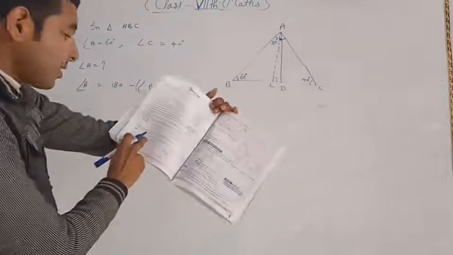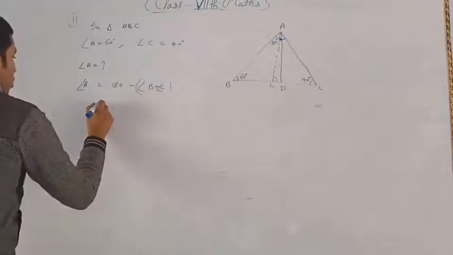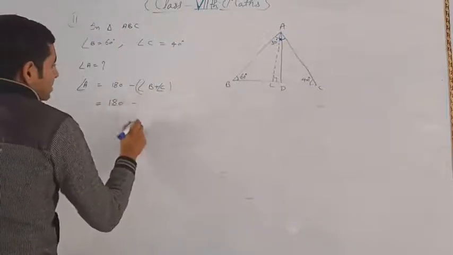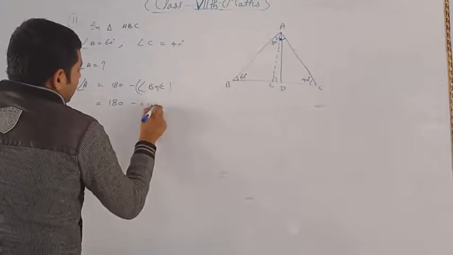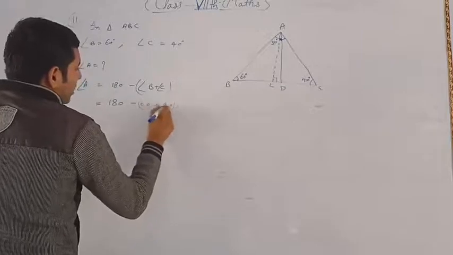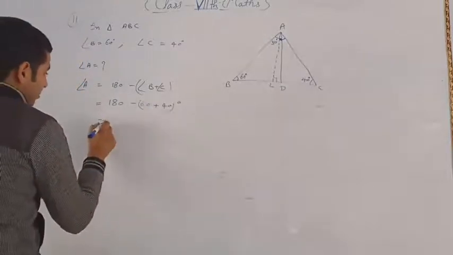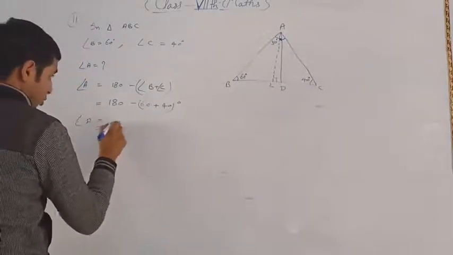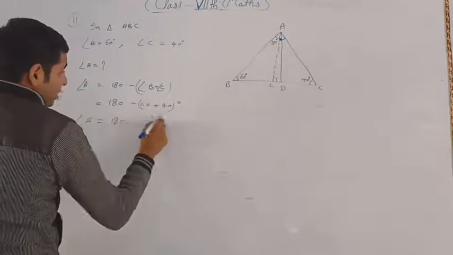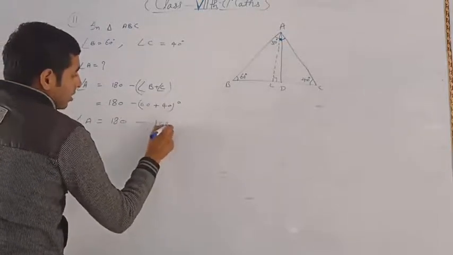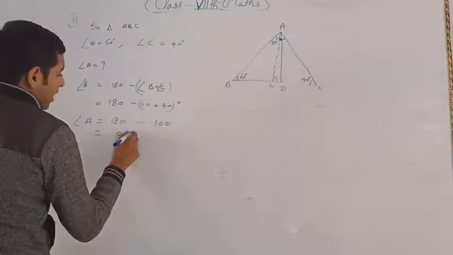You have also been given a hint. So 180 minus (B 60 plus C 40). From here we find angle A is equal to 180 minus (60 plus 40), which is 180 minus 100, which is 80 degrees.